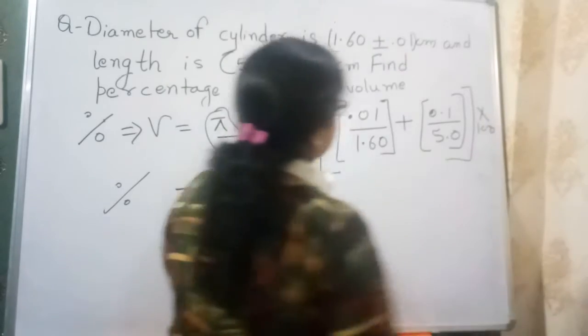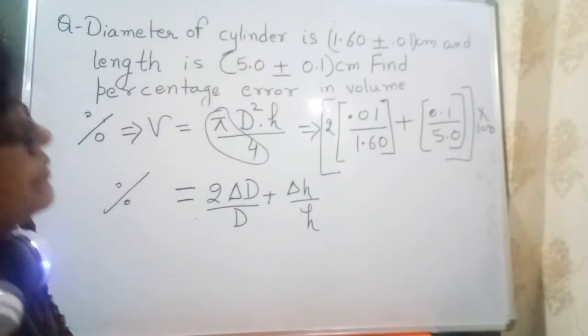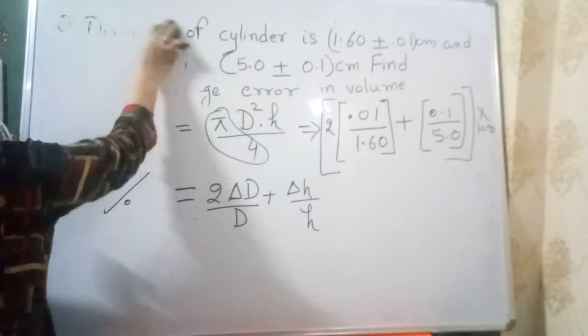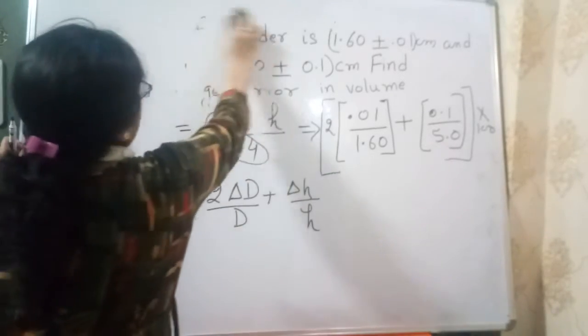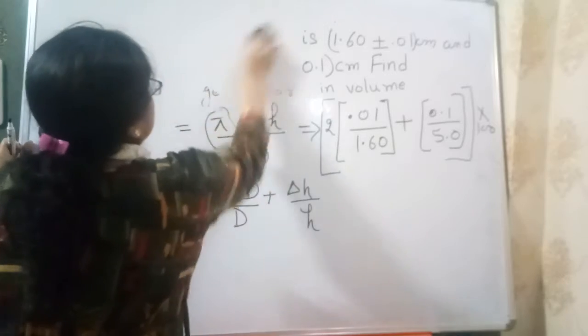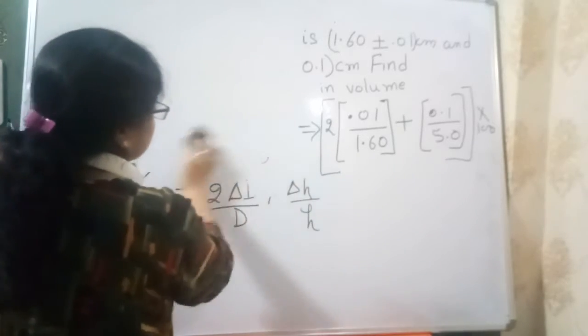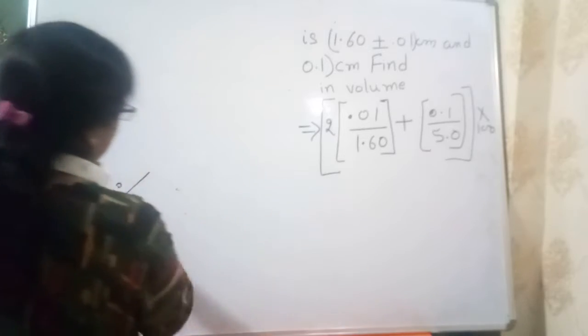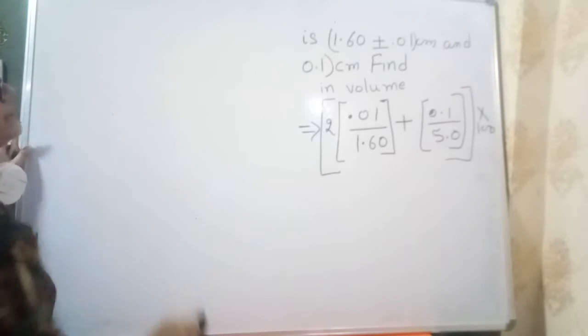Clear? Now what do we do? I will solve one by one so that you can understand very well, because often there is a mistake in solving these types of questions, and this is the main issue, that I am not getting the proper answer.